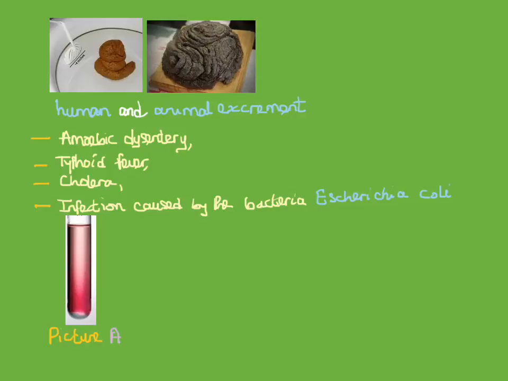In picture A, it shows us iodine, which is 10 times more soluble in cyclohexane. Therefore, the iodine dissolves completely in the cyclohexane, causing the solution to look pinkish.